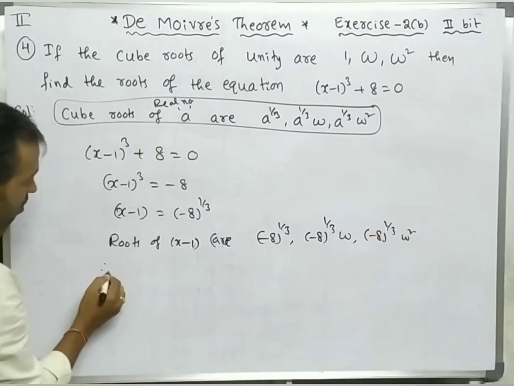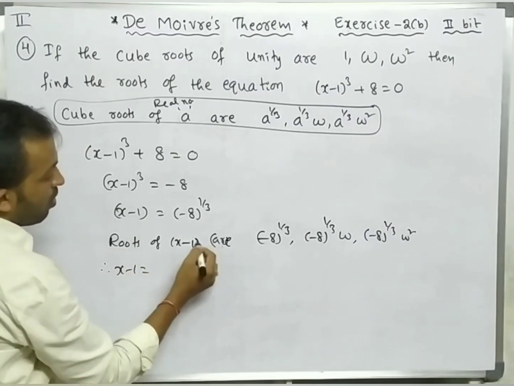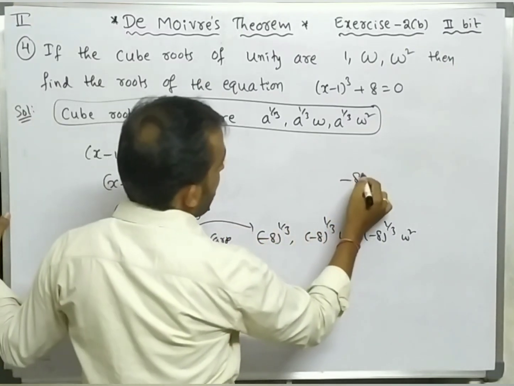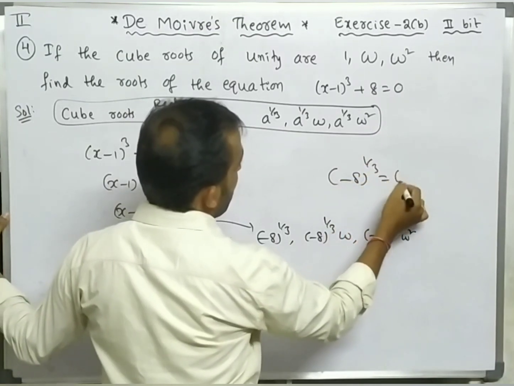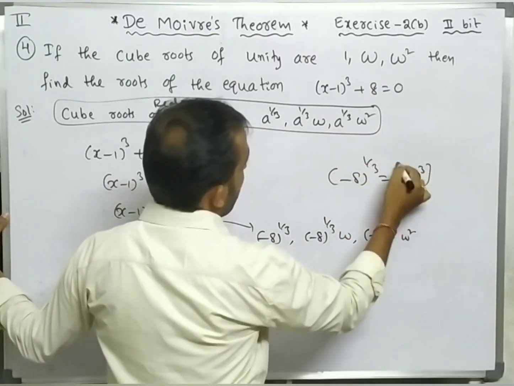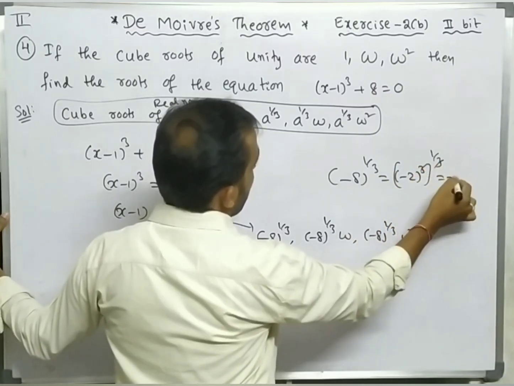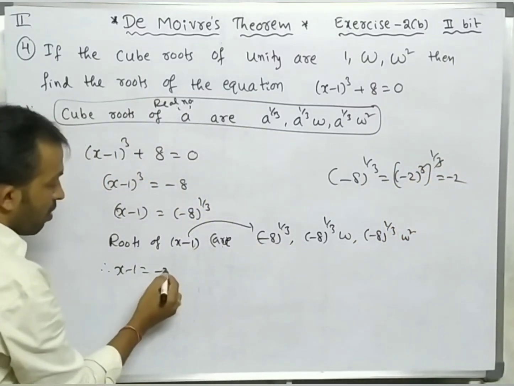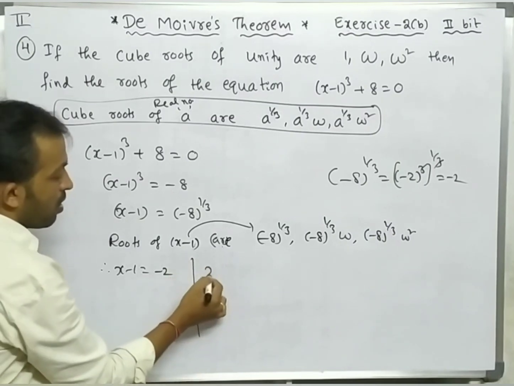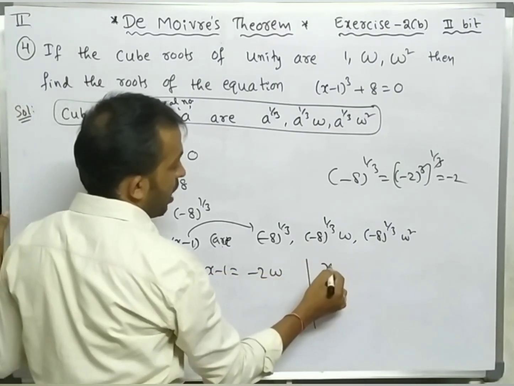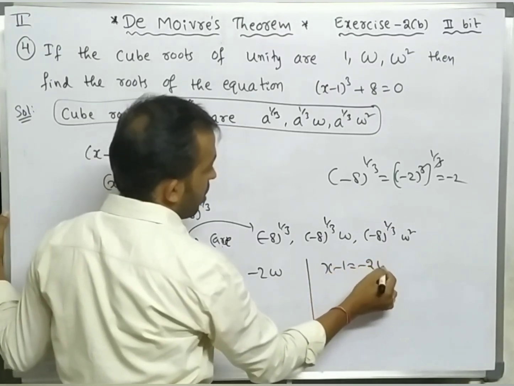So therefore x minus 1 is equal to one root, minus 8 power 1 by 3. So minus 8 power 1 by 3 can be written as minus 2 whole cube whole power 1 by 3. Minus 2 whole cube is minus 8, right? The 3 gets cancelled, we will get minus 2. So x minus 1 is equal to minus 2, x minus 1 is equal to minus 2 into omega, x minus 1 is equal to minus 2 into omega square.